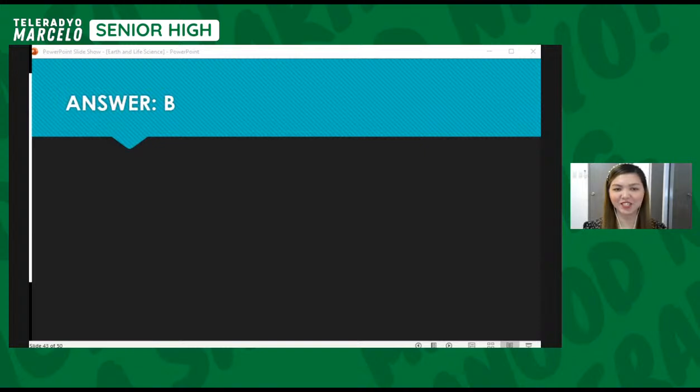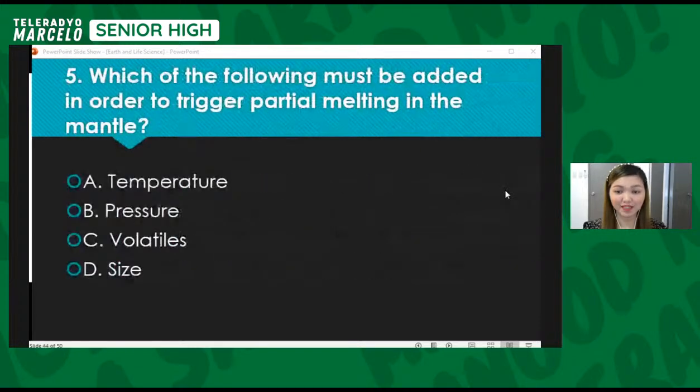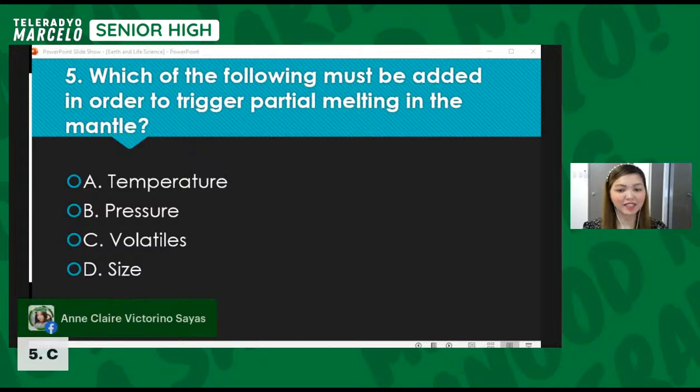Last one, last question. Okay, number 5. Which of the following must be added in order to trigger partial melting in the mantle? Letter A, temperature. B, pressure. C, volatiles. Or letter D, size.